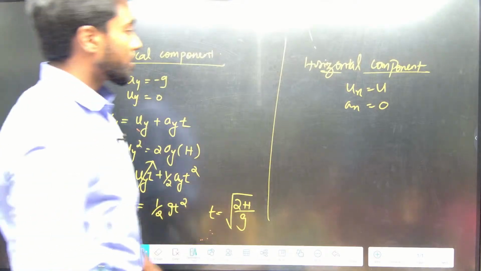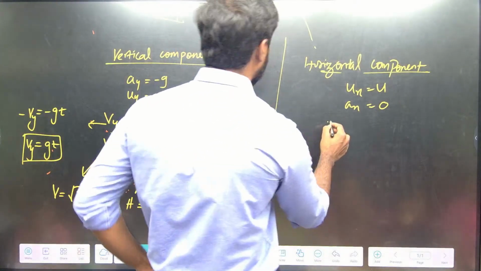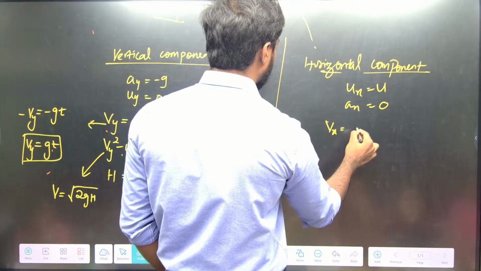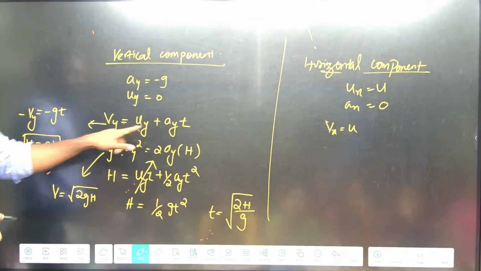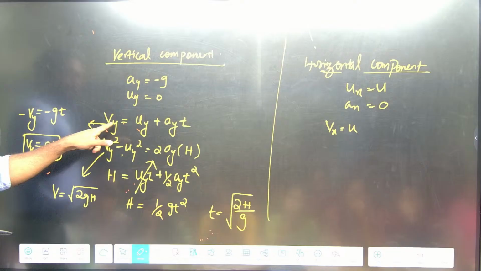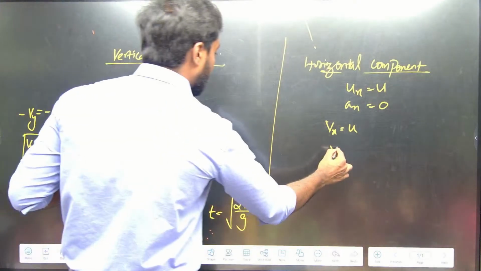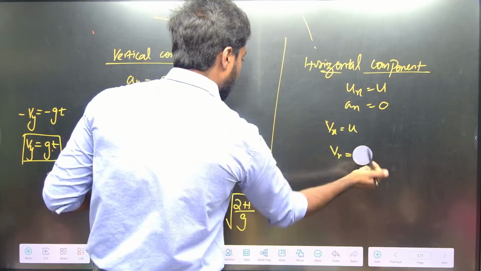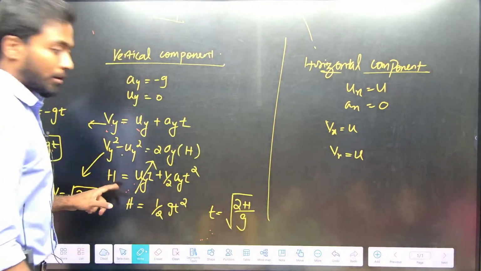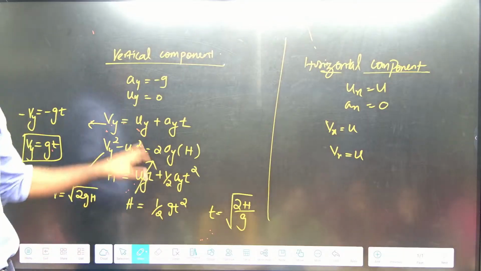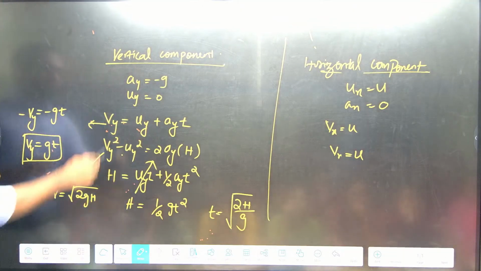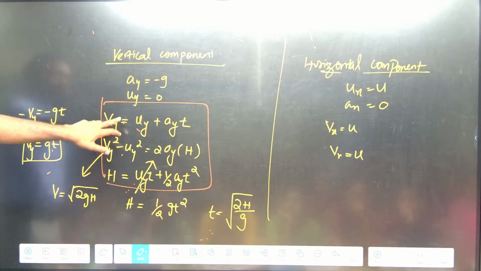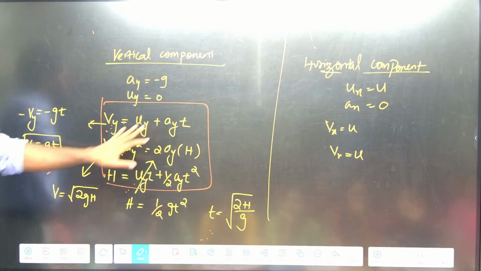Take the formula. And what about this one? ux is there, vx will be equal to u, so vx will be equal to u only. Like we know the kinematic equations, when we are talking about kinematic equations, take everything in terms of the y axis.